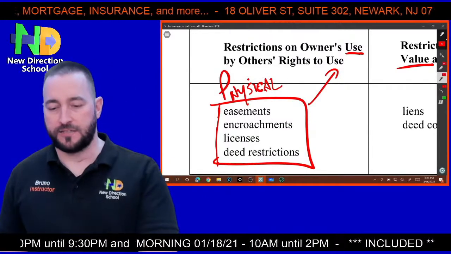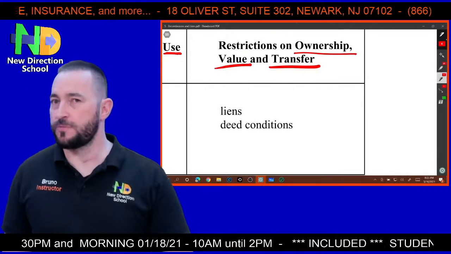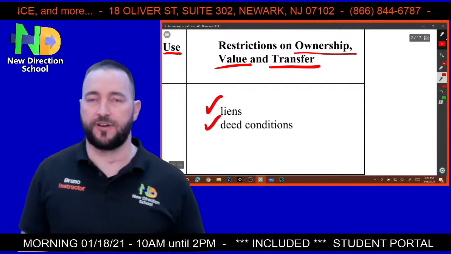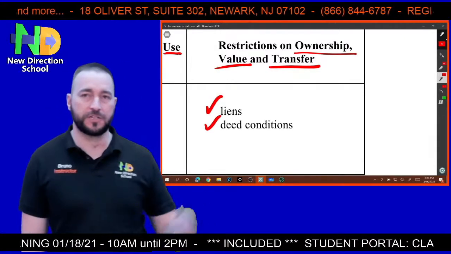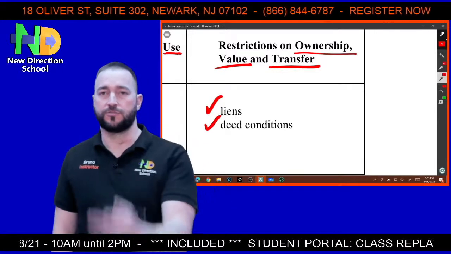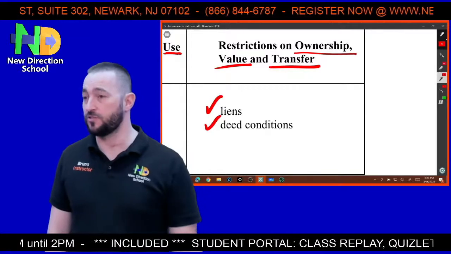And on the right-hand side, we have restrictions on ownership, value, and transfer. So liens or deed conditions. If you remember, the property is yours as long as, for example, as long as the use is a hospital, for hospital purposes, the property is yours.